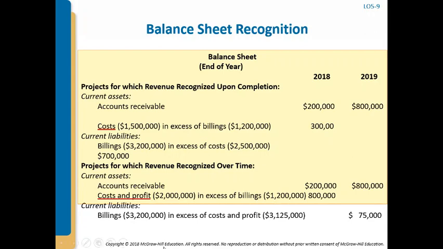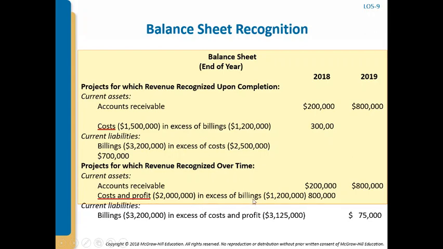Now the other thing you've got is something called costs and profit. So costs in that first year were 2 million. Profit in that first year was another 500,000, so that equals 2 million.